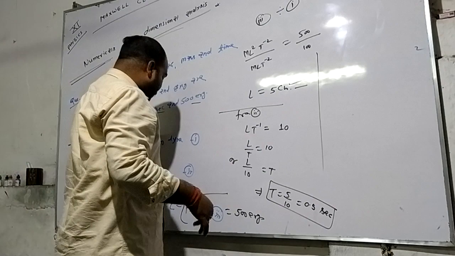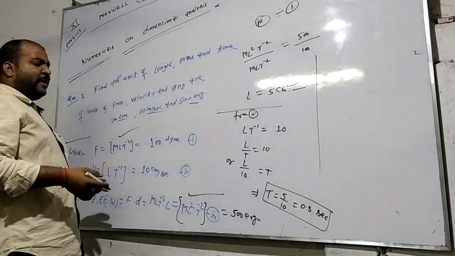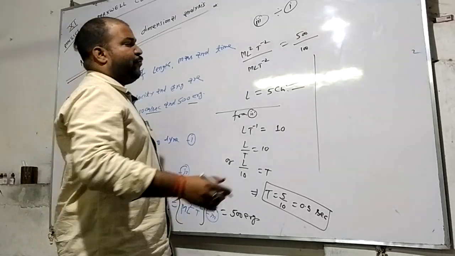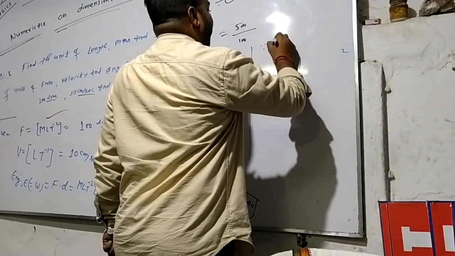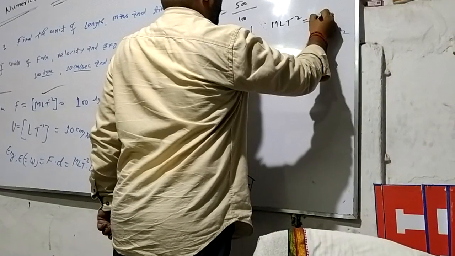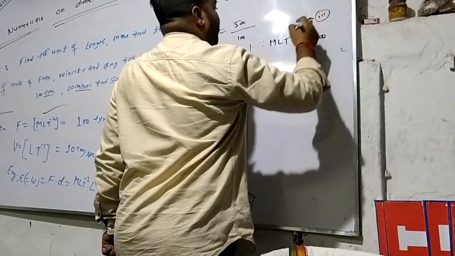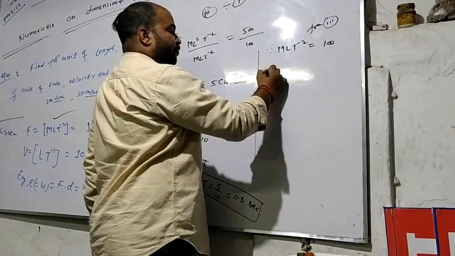Now one more. Mass is to be calculated. Put the calculated values of length and time in either the first or the third. If we proceed with the first, MLT minus 2 equals 100, given from the third.